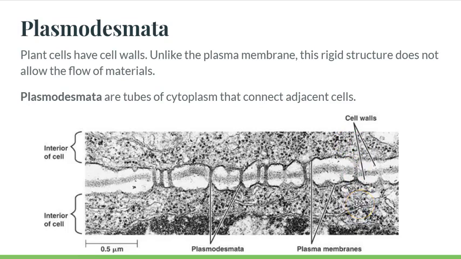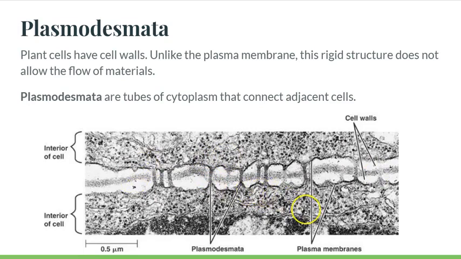And plasma membrane would traverse through these channels and connect the cytoplasm of the two adjacent cells. So materials could be moved through these, cells could communicate with each other through these channels. And these channels are called plasmodesmata. Plasmodesma would be a singular channel. So this is a plasmodesma. And here we have many plasmodesmata.